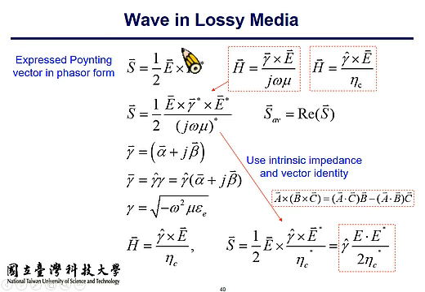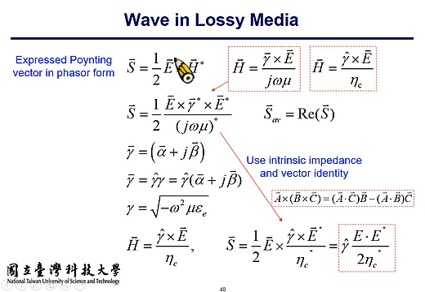So the last thing we'd like to discuss about wave propagation in lossy media is the energy. From the energy perspective, we try to express the Poynting vector in phasor form. So the very first equation is the Poynting vector.